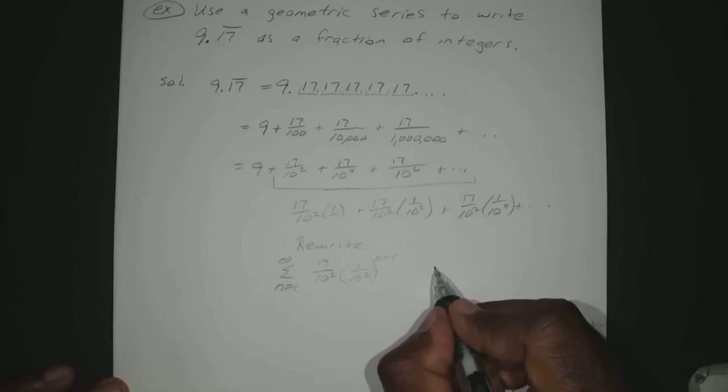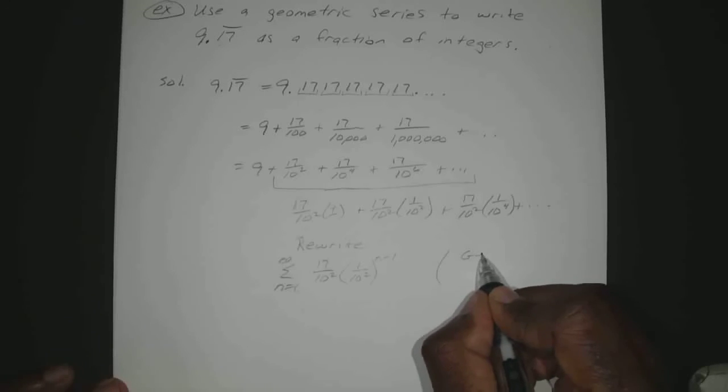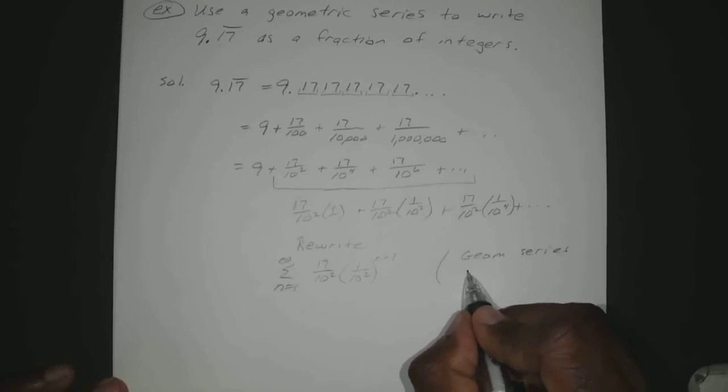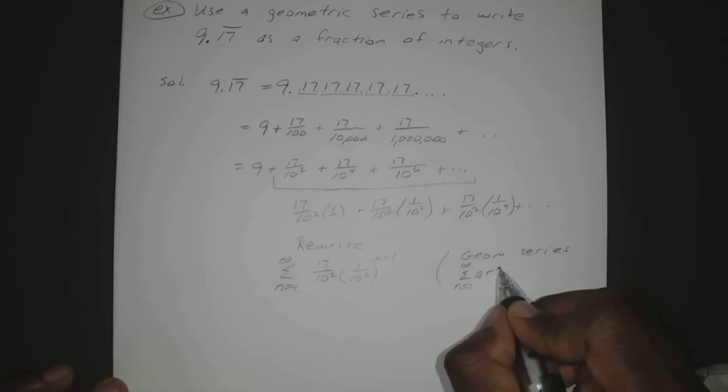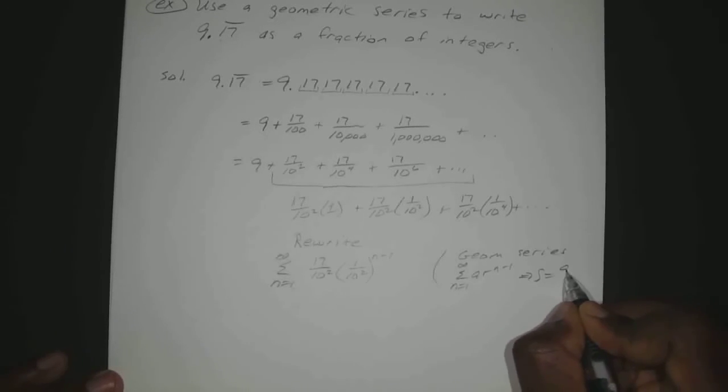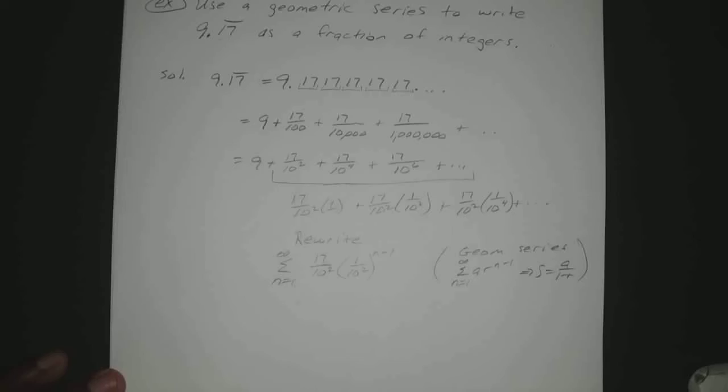So if we use the geometric series, which if you remember, the sum from n equals 1 to infinity of a r to the n minus 1, where the sum is equal to a over 1 minus r.